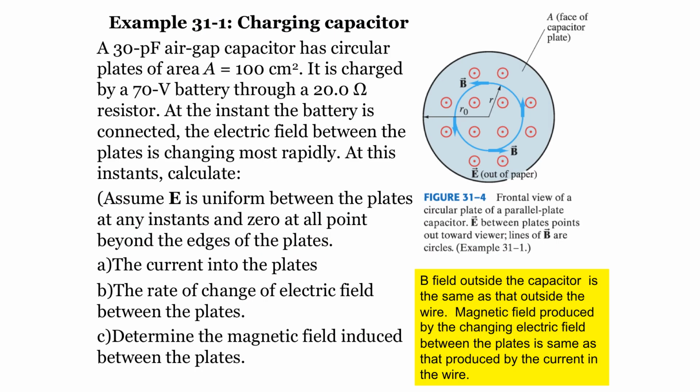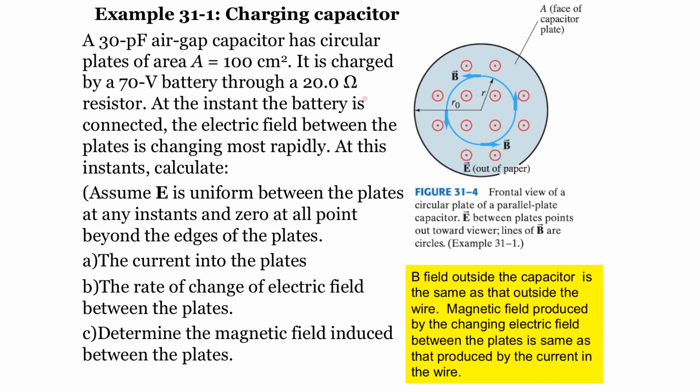So here we have a question for us to apply all the concepts. The question asks you to find A, B, and C. A 30 picofarad air gap capacitor has circular plates of area A equals 100 centimeter square. It is charged by a 70-volt battery through a 20 ohm resistor.